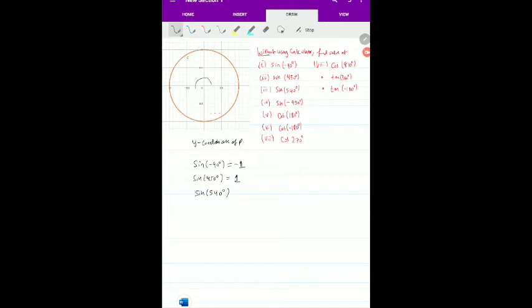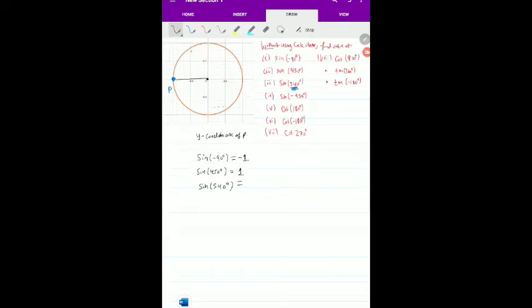So we go a full turn, that's 360, 90 degrees further turn, that's 450, 90 degrees more, that gives me 540. So this point P right here represents this angle. And so sine of that angle will be the y-coordinate of P, right? It's the height. The height is 0, and so sine of that is 0.